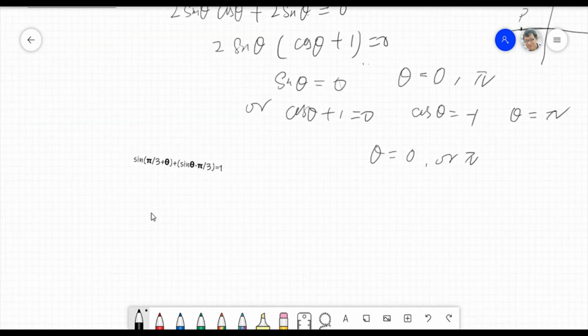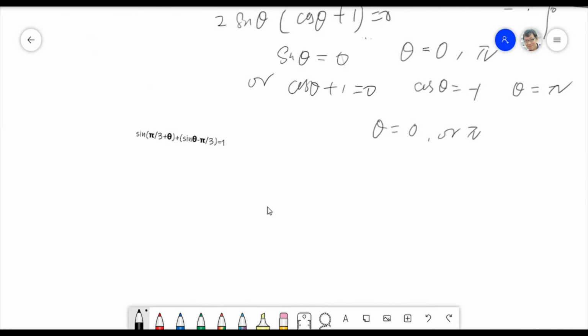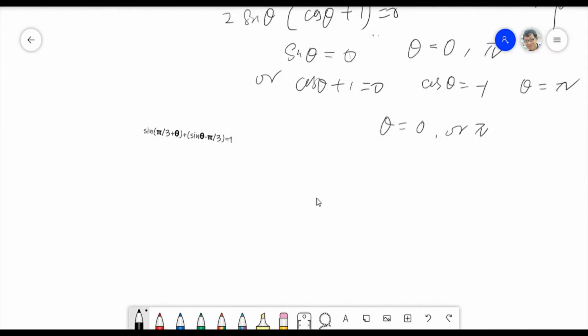Okay, let's see the last equation: sine of pi over 3 plus theta, plus sine of theta minus pi over 3, equals 1. This is a summation, so we expand. The first is sine pi over 3 cosine theta plus cosine pi over 3 sine theta.